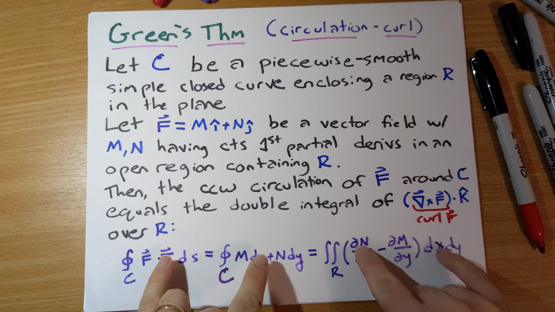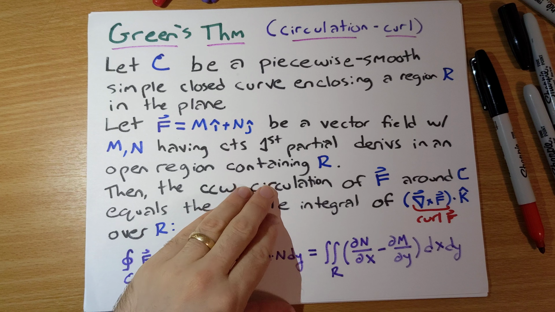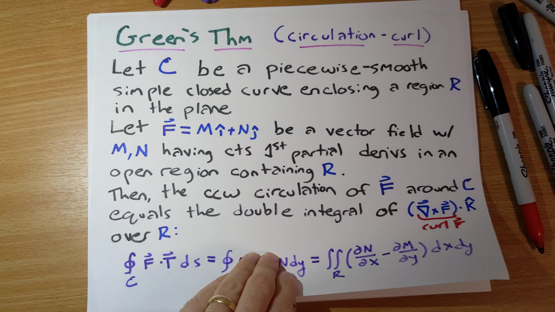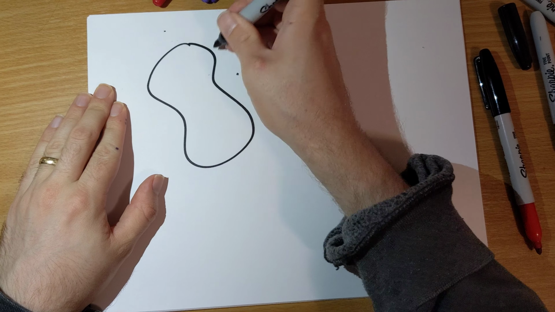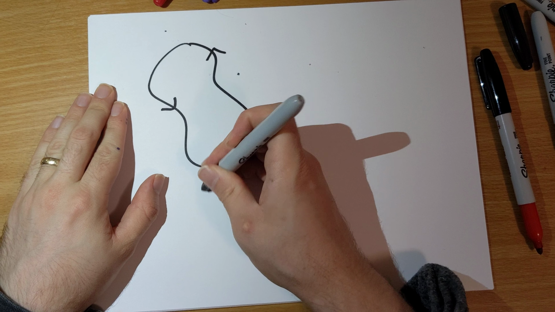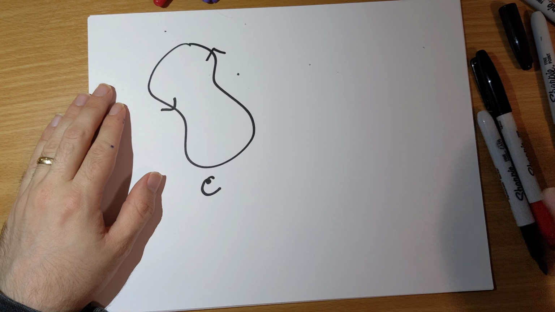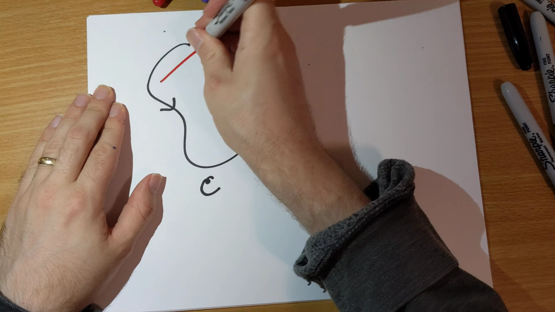So Green's theorem says that these two things are equal to each other. Let me just draw a picture here. So we have some curve C here.